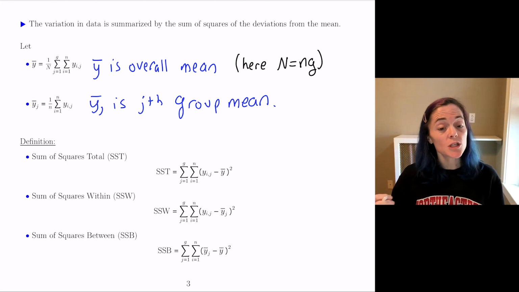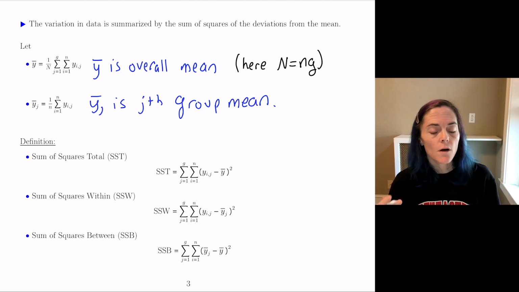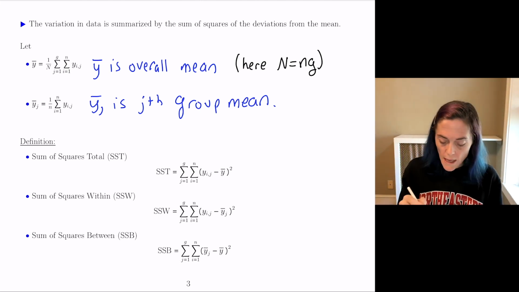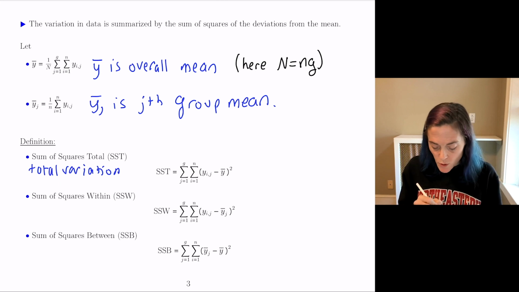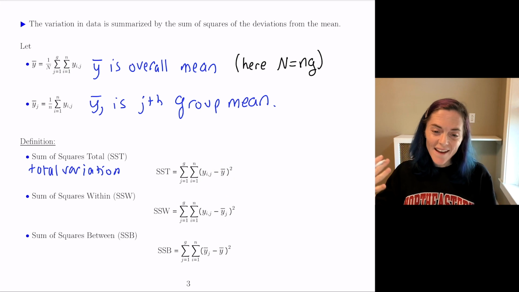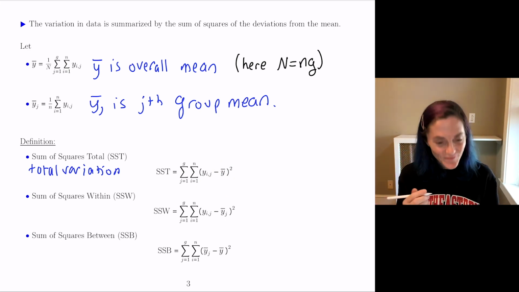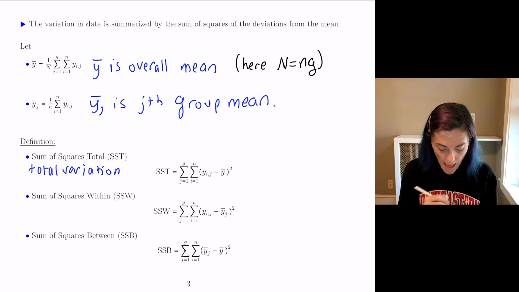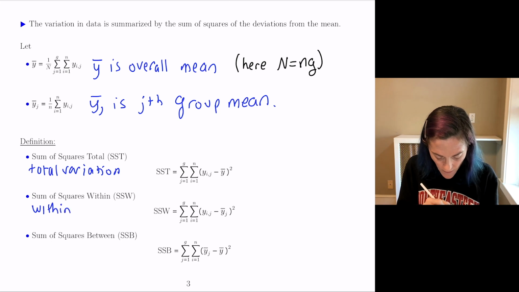Next, we have a definition of these three measures of variation in the data. First, we have sum of squares total. This measures total variation. We subtract Yij from the overall mean, square, and then add up over all possible observations. We have sum of squares within. This measures within group variation.